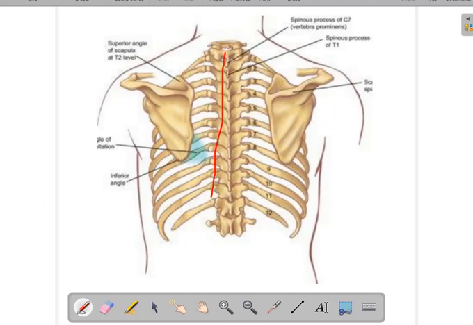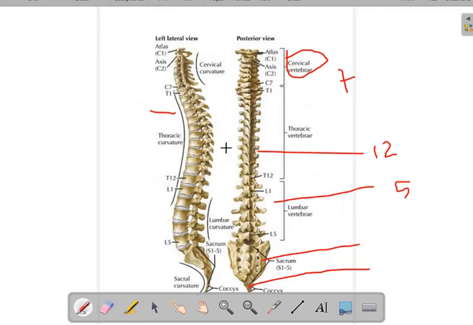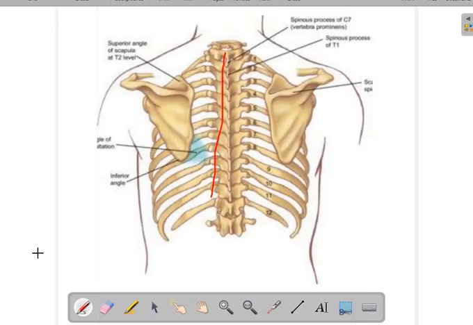This is the axial skeleton formed from the skull, the vertebral column, and the thoracic cage. The thoracic cage anterior view, and this is the thoracic cage posterior view. This is the axial skeleton.